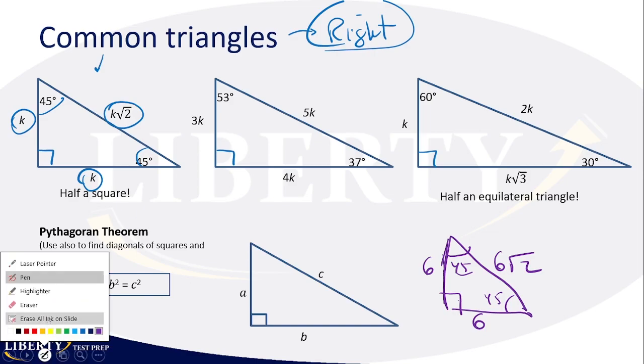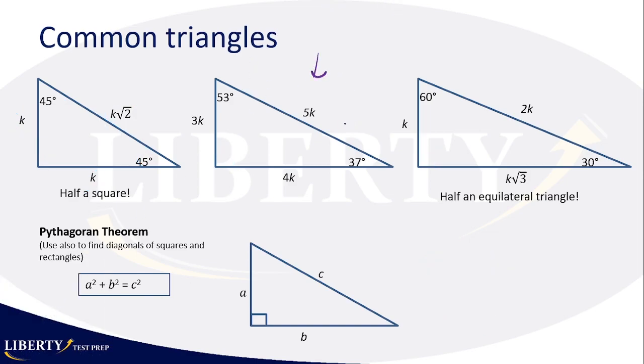Very good. So the second common triangle will be this one. Actually, we don't care about these angles. What we care about is the relationship between the legs and the hypotenuse. So they say 3, 4, 5: 3K, 4K, and 5K.